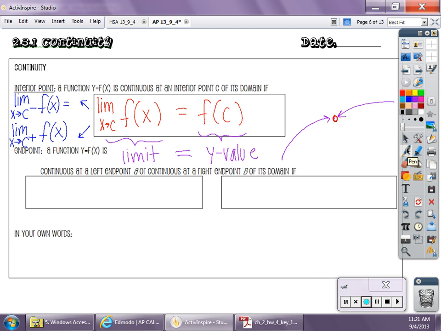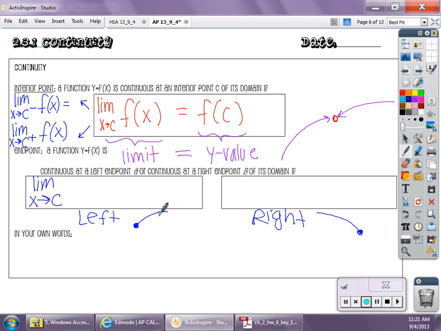Endpoints. Everyone gets confused with these, but I'll show you a picture in a second. The left endpoint, so this guy's the left side. This is going to be the right endpoint. So a left endpoint would be coming like this. That's a left endpoint. Right endpoint would be going like that. Now that you see that, it should help you. The definition of continuity only comes from one side for your endpoints. Which side did I come in from?